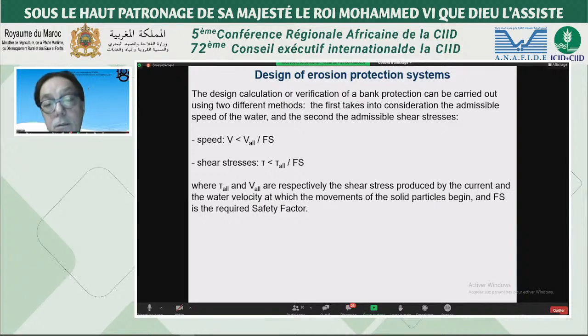Je vais aussi rapidement sauter sur ce système de protection d'érosion et sa conception. Vous pouvez toujours trouver ces normes ISO.